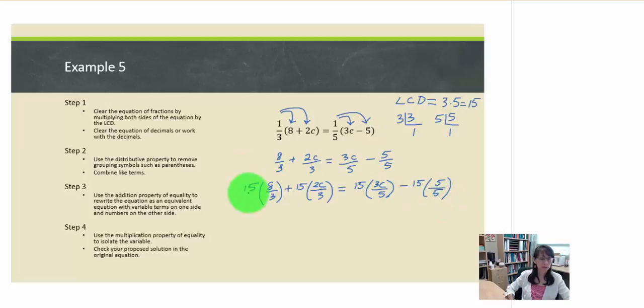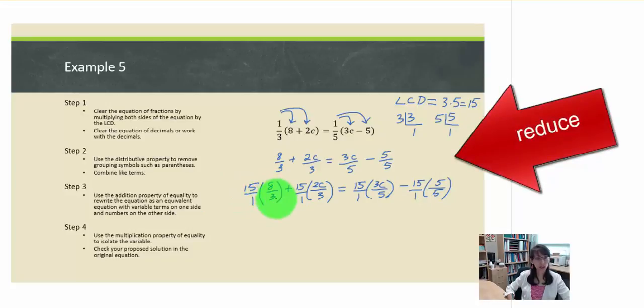So notice that 15 really could be written as 15 over 1, and it's fine to write that out if it helps you to track this better. And so we really can do some reducing here to eliminate our fractions. 15/3 really is 5. 15/3 again is 5. 15/5 is 3.